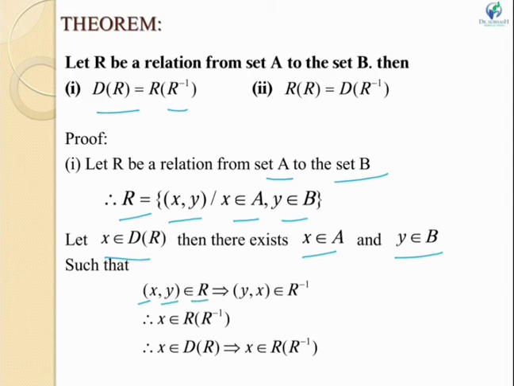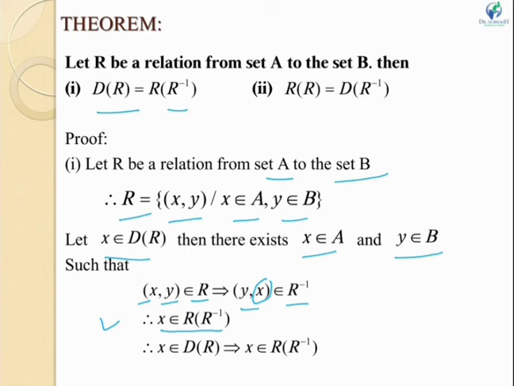If I want the inverse of this, what will I do? I will just reverse it. So (y, x) belongs to R inverse. Now here x is the second element, so it will be in the range of R inverse. So here I have written x belongs to the range of R inverse.